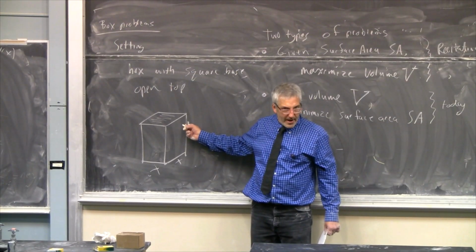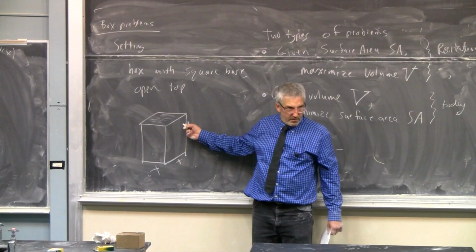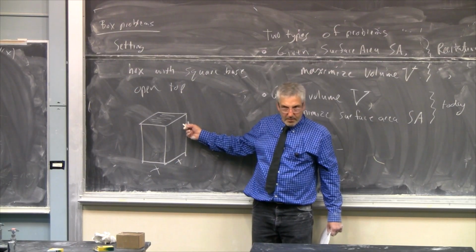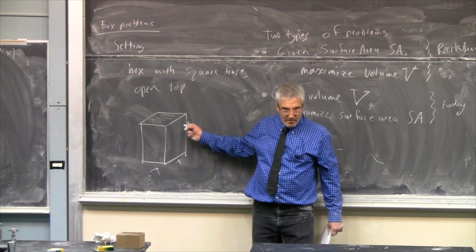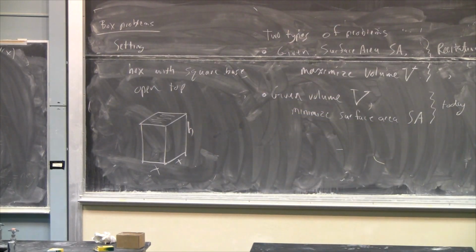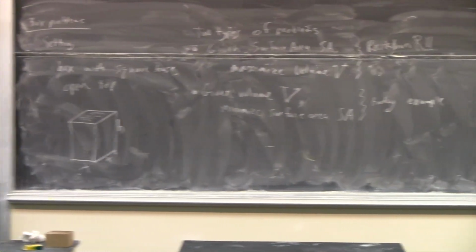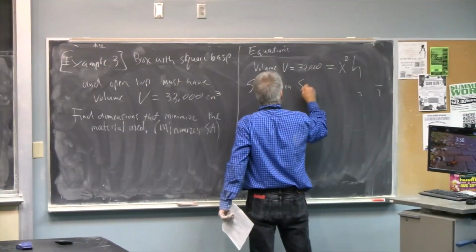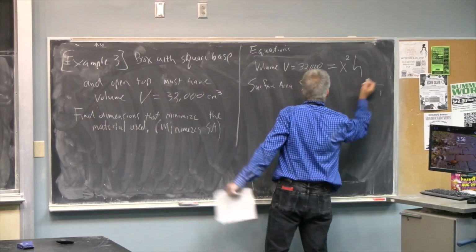I'd like to get 5 hands in the air. A box with sides x, x, and h. What's the volume of that box? Annika. Yeah, volume is x squared h. Now what about the surface area? SA. What is that?